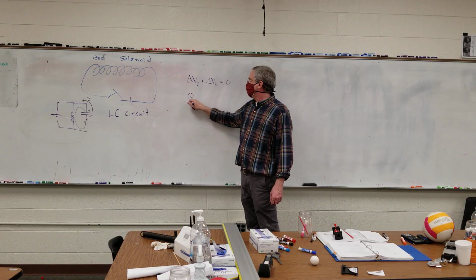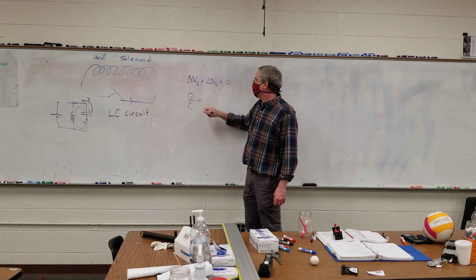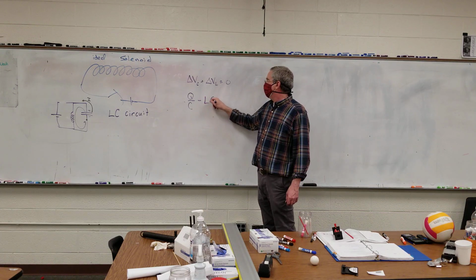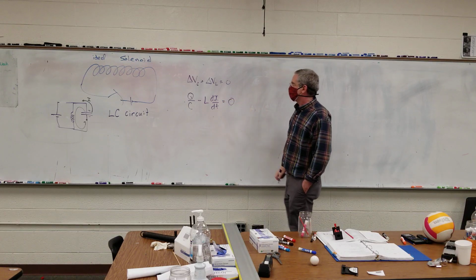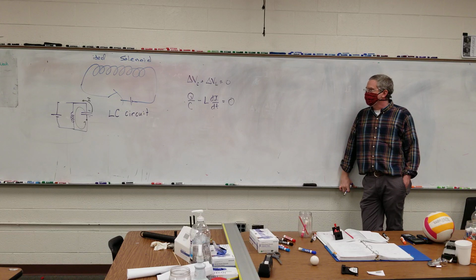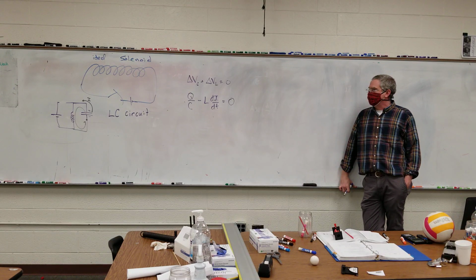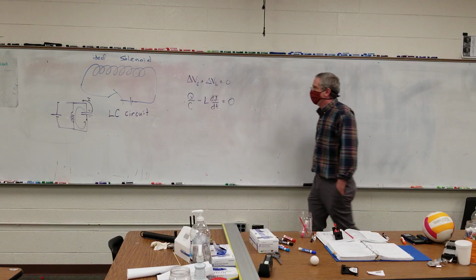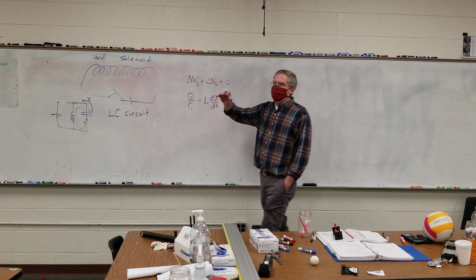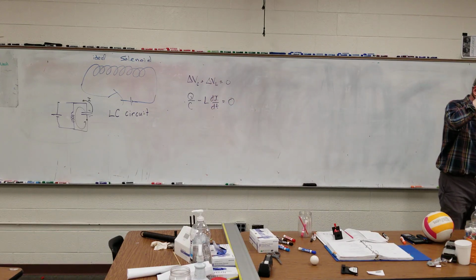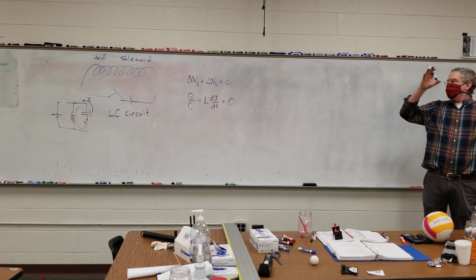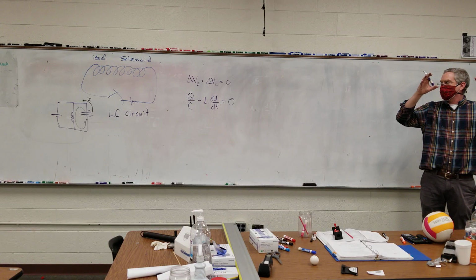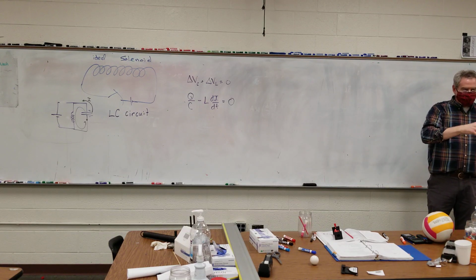And this is Q over C minus L dI/dt is equal to 0. Now, when we did the RC circuit, we had to be careful about charges coming off of the capacitor, creating the current.